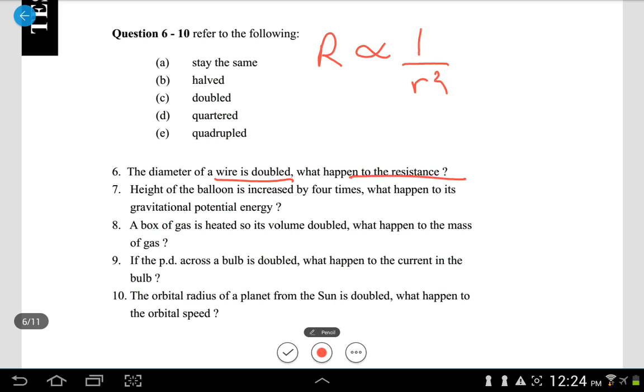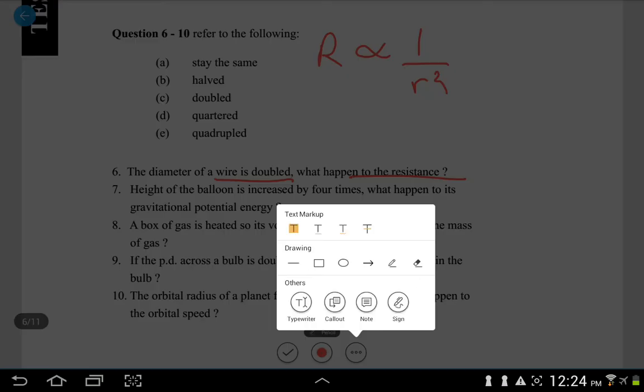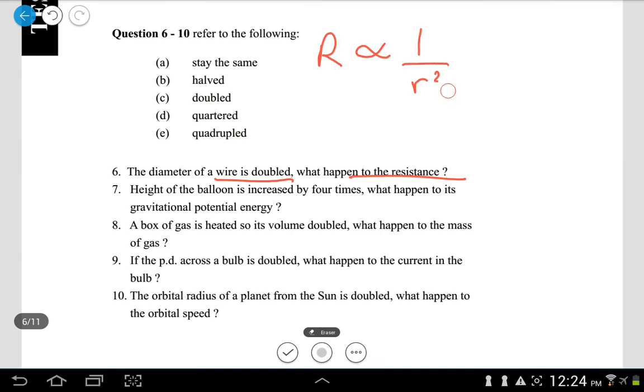So if I would like to write out the relationship, it will be R1 times the radius 1 squared. That should give me the same value as R2 multiplied with the second radius squared.